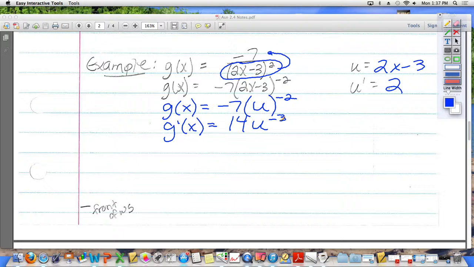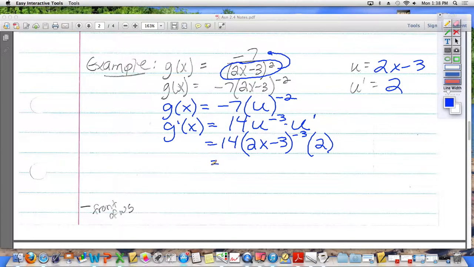And then we have to multiply that by the derivative of u. So I'm going to write times u prime here. All right. Now we have to substitute things here. So we have a 14. Replace u with what it is. And it's 2x minus 3 to the power of negative 3. And we multiply that by 2.